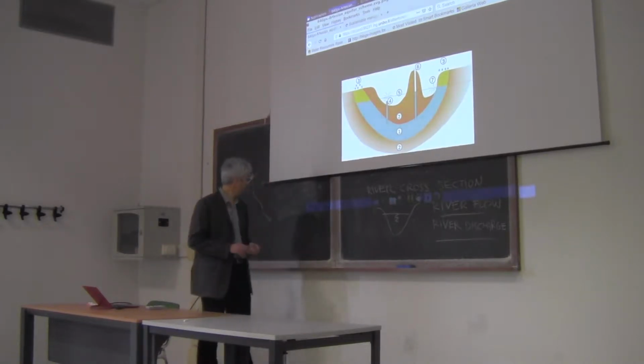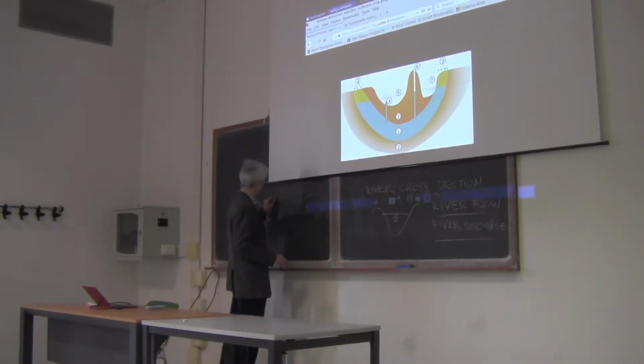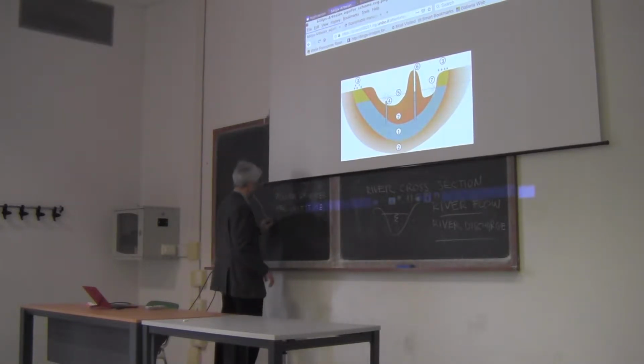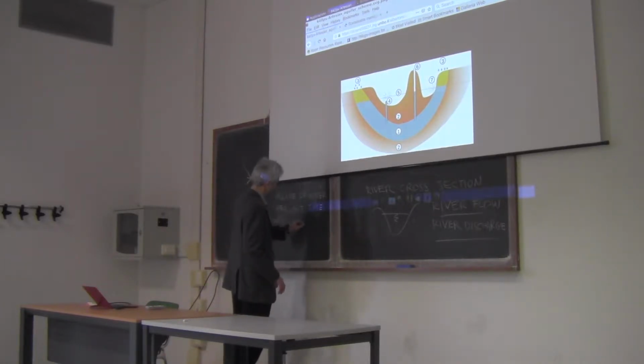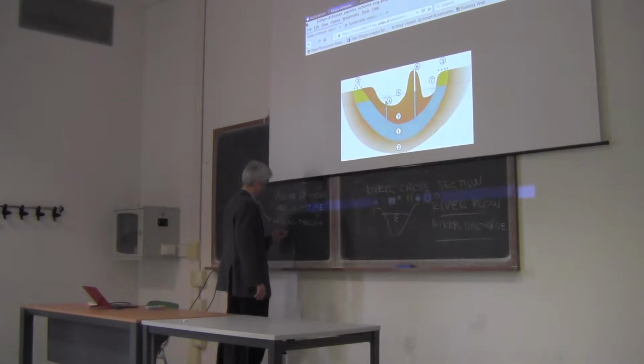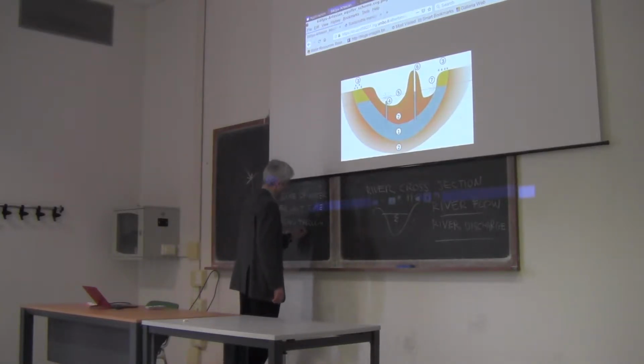So the river flow is, I'm writing while I speak, volume of water per unit time passing through a given river cross section.